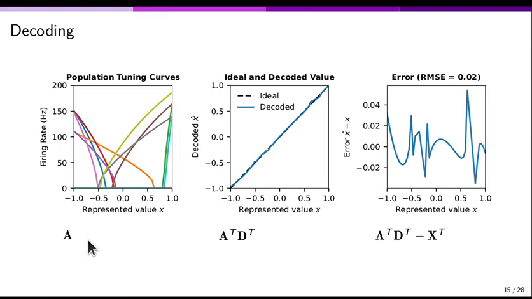We go and do the wacky math I just showed in order to find our decoder. If I multiply my activity matrix by my decoder, I should get my set of X values. And when I do that math, I get this blue line. The dotted line is the ideal value. Ideally, when I feed in an X of 0.5, I get these firing rate patterns. I then apply my decoder, and I should get out the value 0.5. And I get out a value that's pretty close to 0.5.